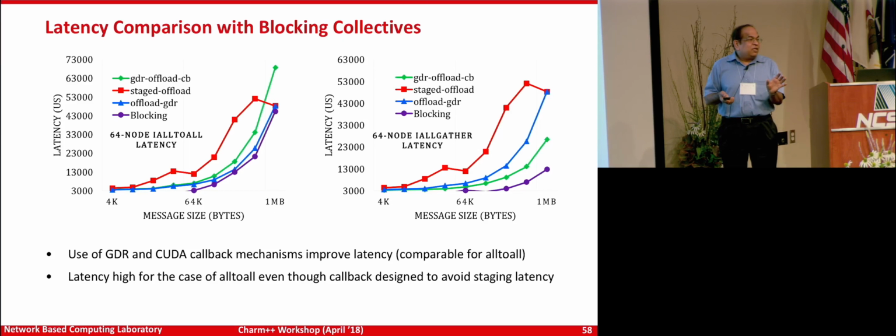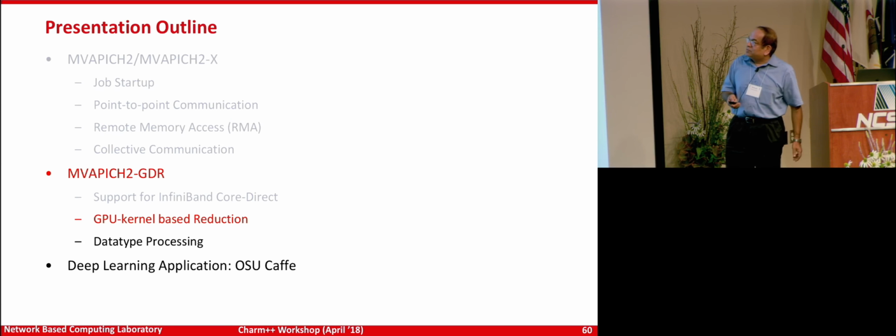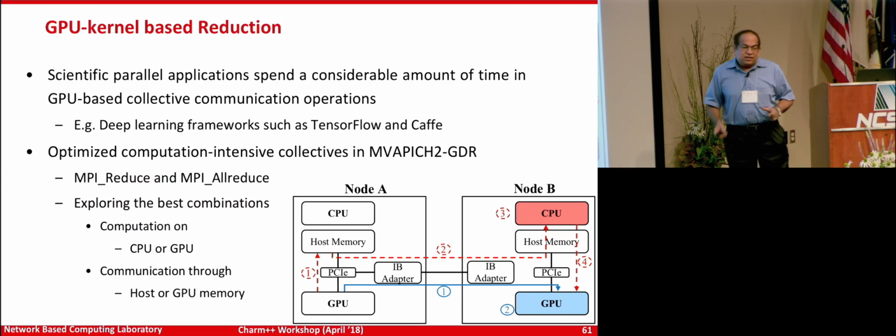Many times the application people want the overlap, so you can overlap your computation and make the latency almost 0. That's what we see here: this design gives 60%, 80% overlap, and these are all available.